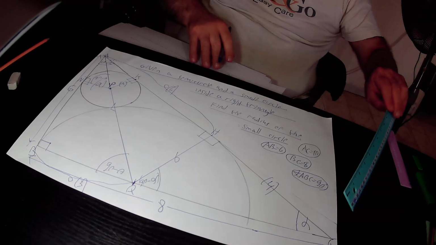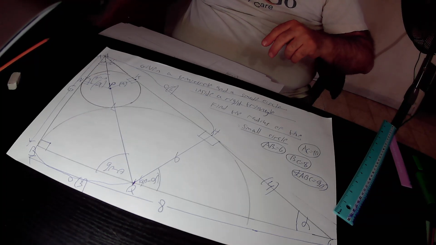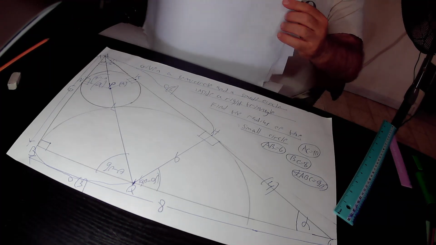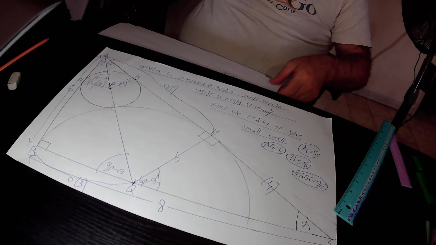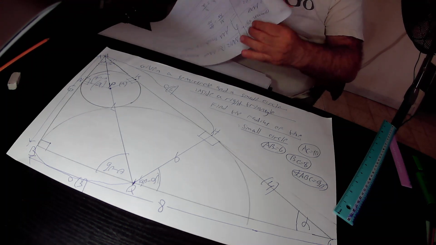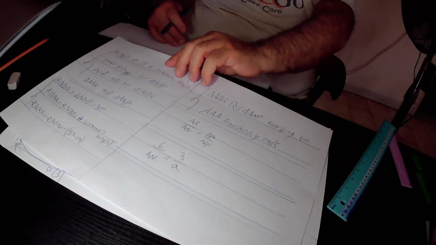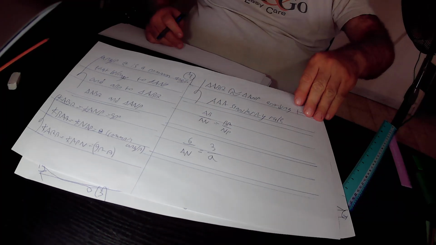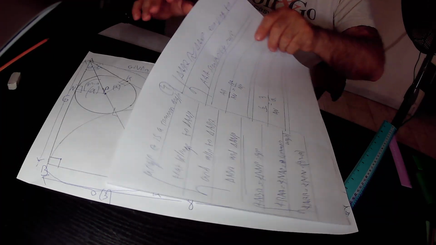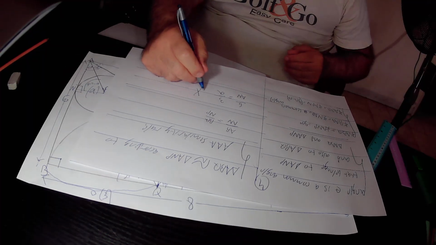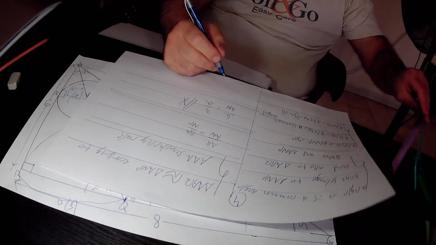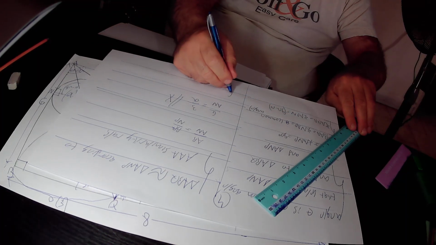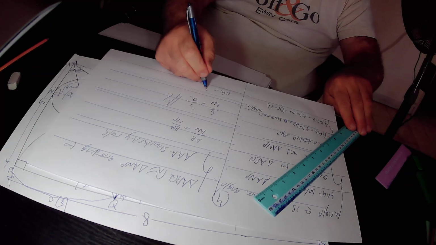So in conclusion, we found out that 6 over AN equals 3 over a. Here we cross multiply this equation, and we get that 6a equals 3 times AN.